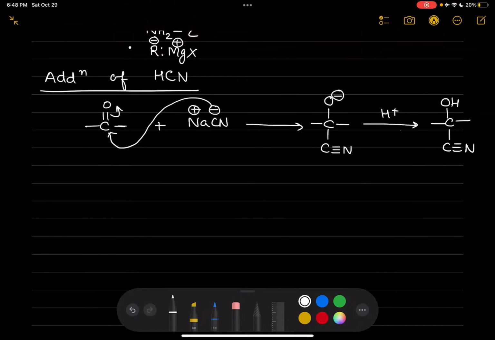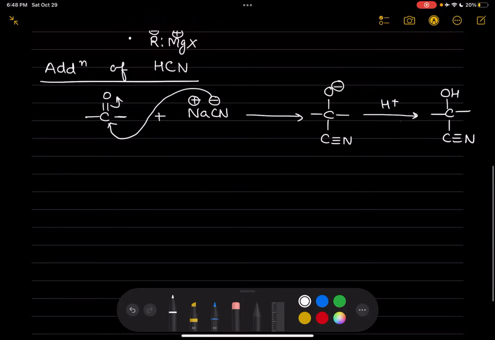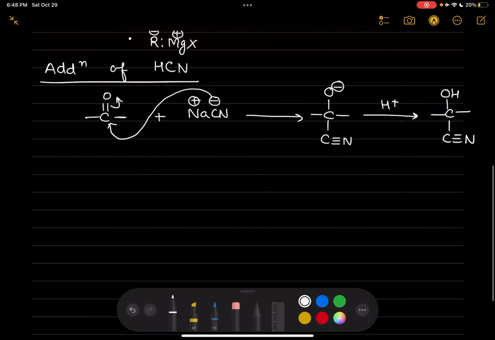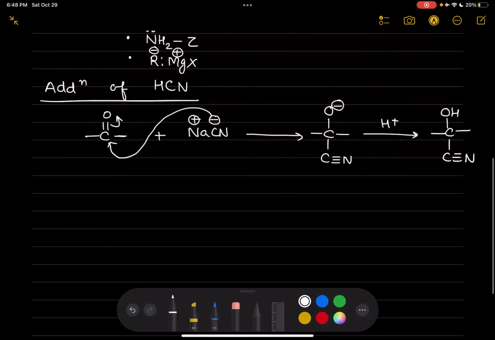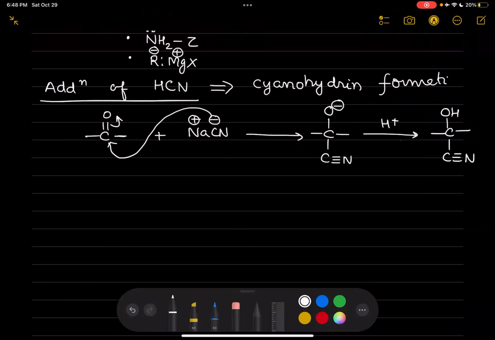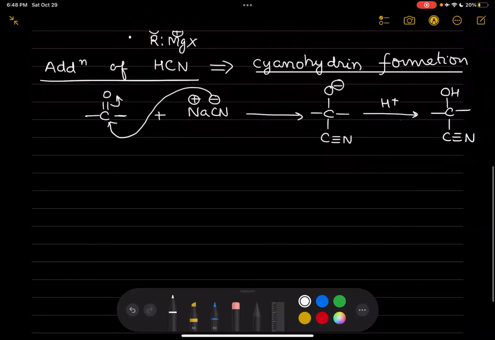Yeah, tell me. Hydroxy and cyano. Correct. So it is known as cyanohydrin formation. Is it clear? The product is known as cyanohydrin, right?